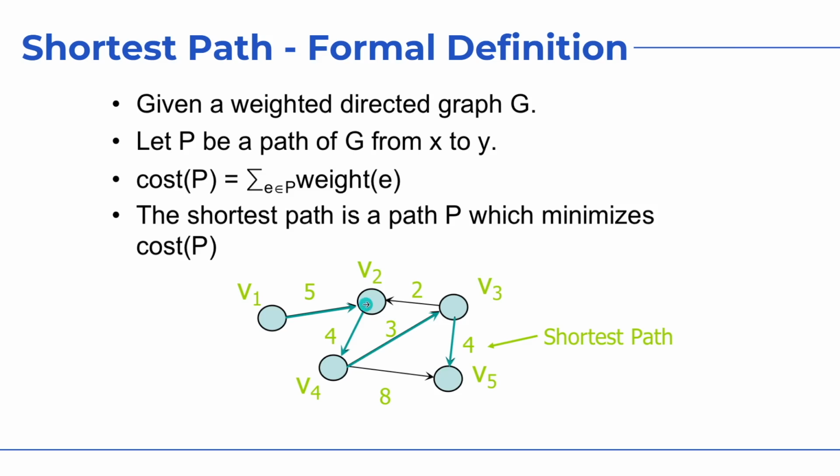From V2 we have only one path, just because the edges have direction associated with them, there is no other way to go. So, we could reach vertex V4, from where we have two options, 3 and 8, but as this cost is less, we have picked this path and entered V3, and finally, we end up with the destination vertex, which is V5, by picking this path.